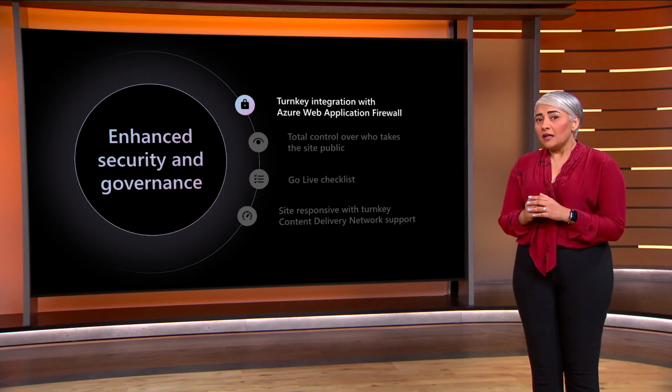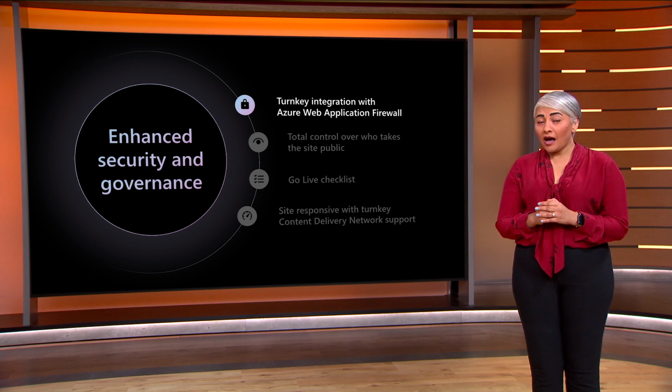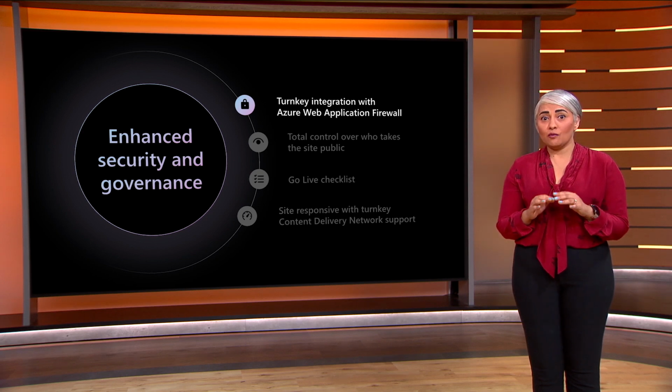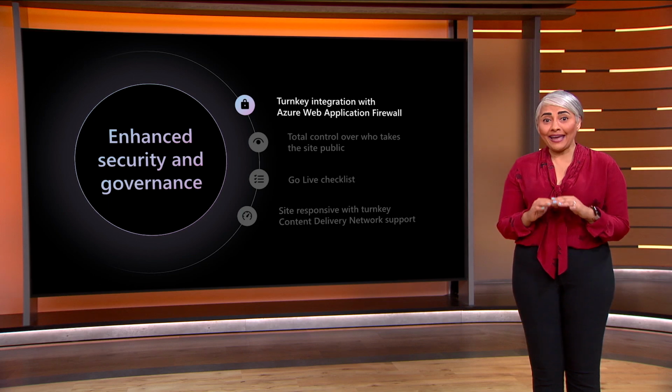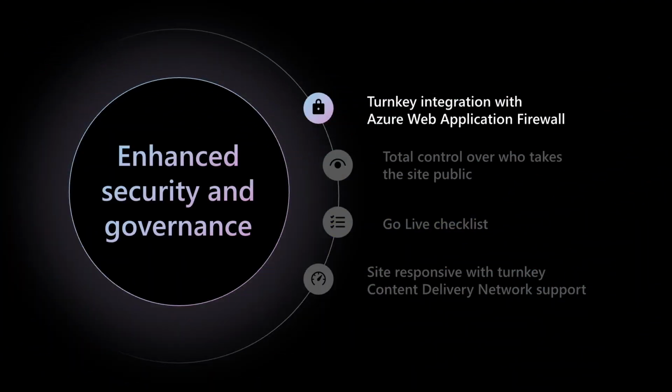Now, security is top of mind for CIOs when they think of launching an external website that exposes business data. Power Pages offers enhanced security features like a turnkey integration with Azure Web Application Firewall.